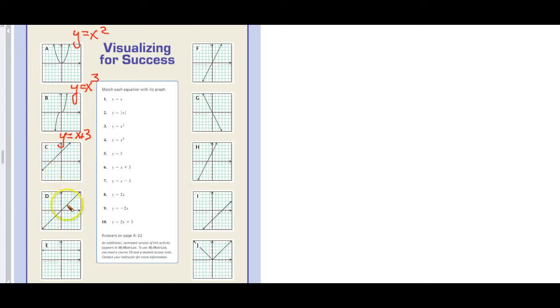Over 1 up 1, yep. Now this one is over 1 up 1, but the origin is where the y-intercept is, so this is just y equals x. All right, this is sort of working out.